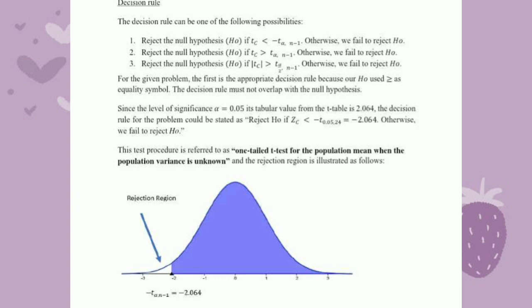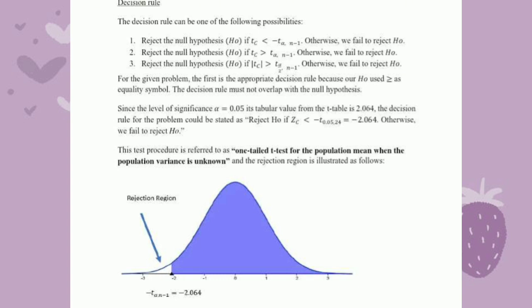Number 2. Reject the null hypothesis if the computed t is greater than the critical value, otherwise we fail to reject the null hypothesis. And lastly, number 3. Reject the null hypothesis if the absolute value of the computed t is greater than t with respect to the sample size, or n-1, otherwise we fail to reject the null hypothesis.